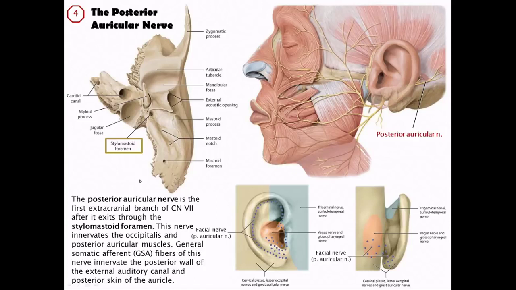The posterior auricular nerve is both motor and sensory. It provides motor innervation to two muscles of facial expression that live just behind the ear, the posterior auricular muscle and the occipitalis muscle. The sensory component of the posterior auricular nerve has a very dispersed distribution, but generally speaking, it innervates the posterior wall of the external auditory canal as well as the posterior skin of the auricle.